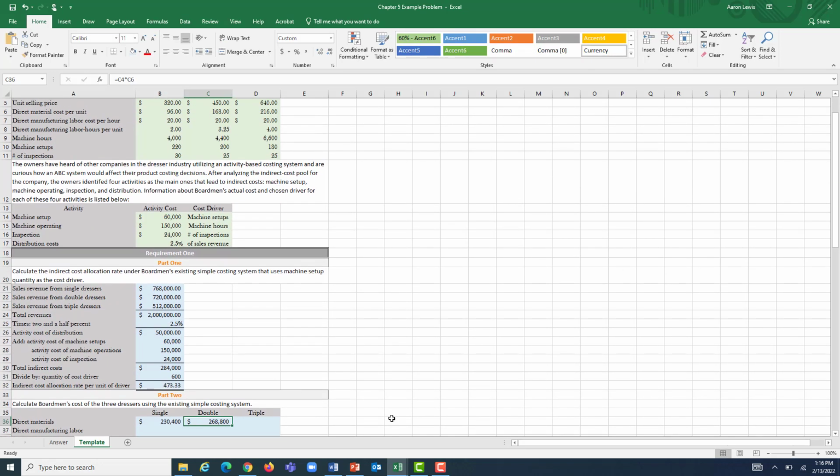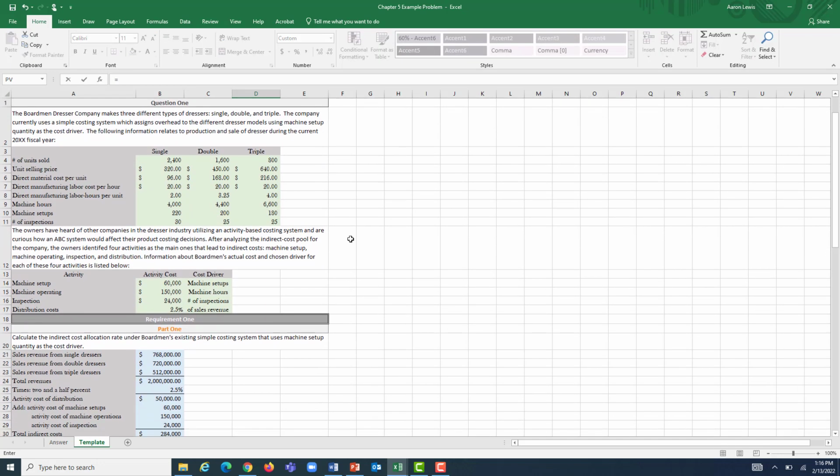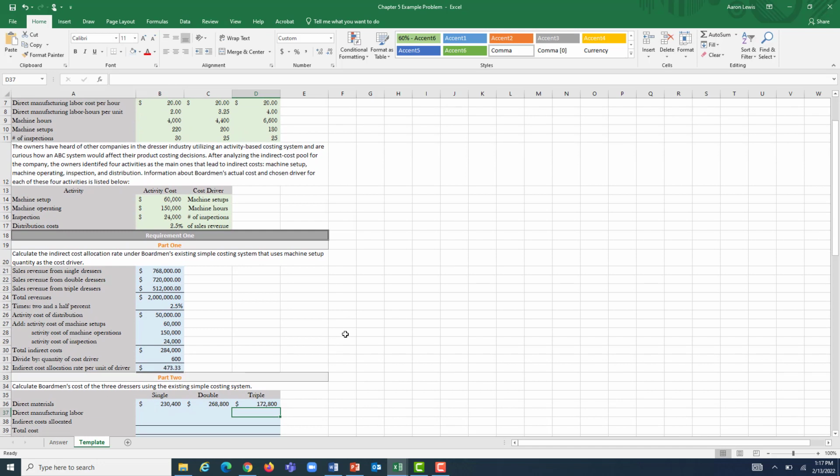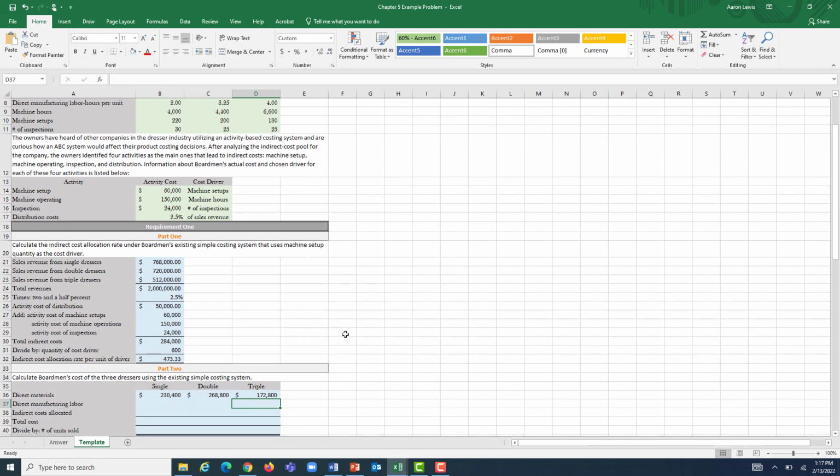And then for the triple dresser, one more time, we're going to take the expected quantity sold of 800, multiply it by the expected material cost to make one triple dresser of $216, and 800 times 216 comes out to be $172,800. So we have our expected material costs for each different model.